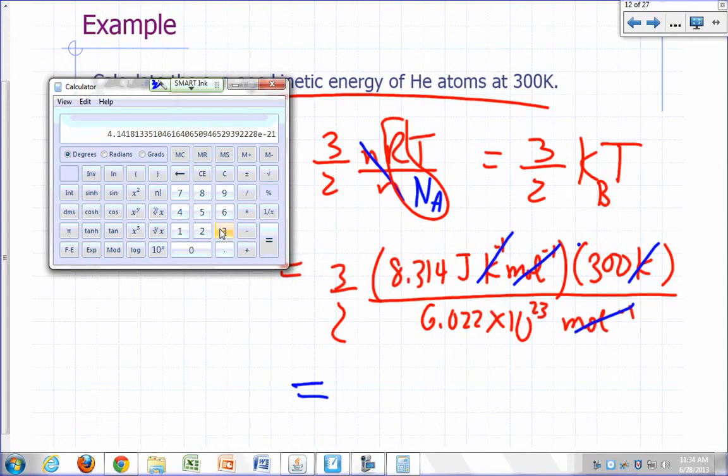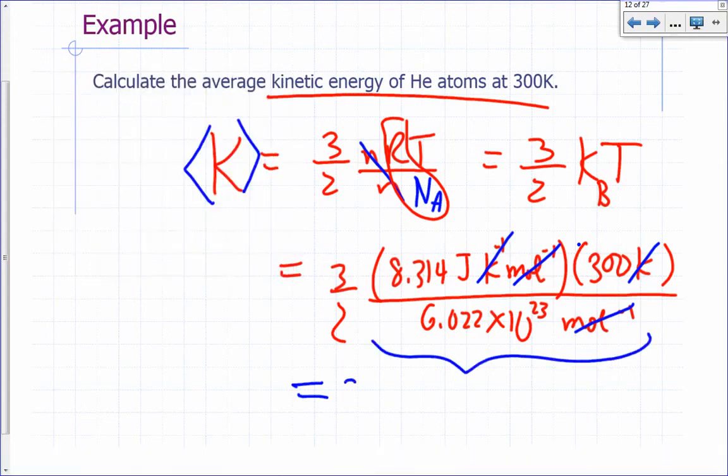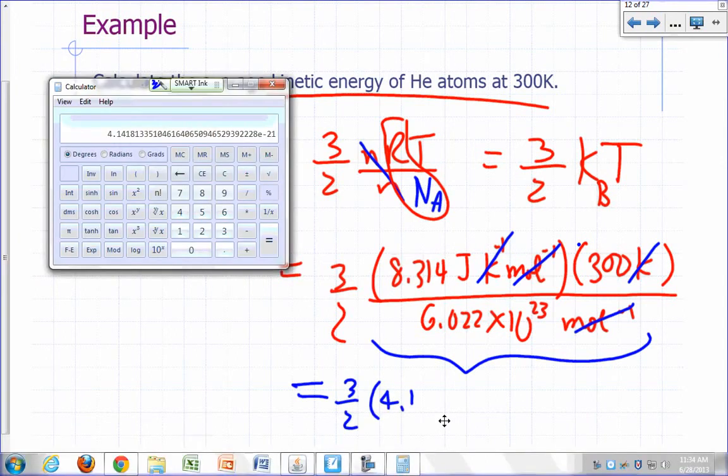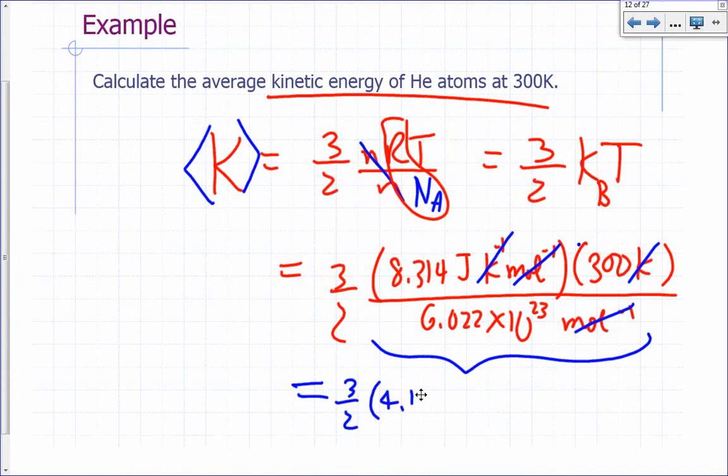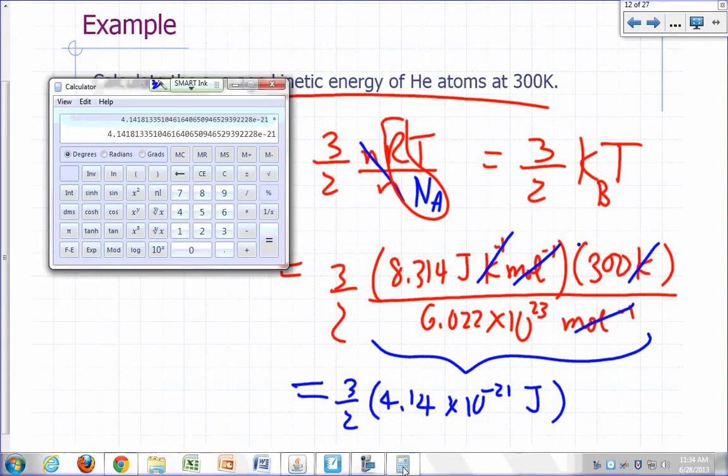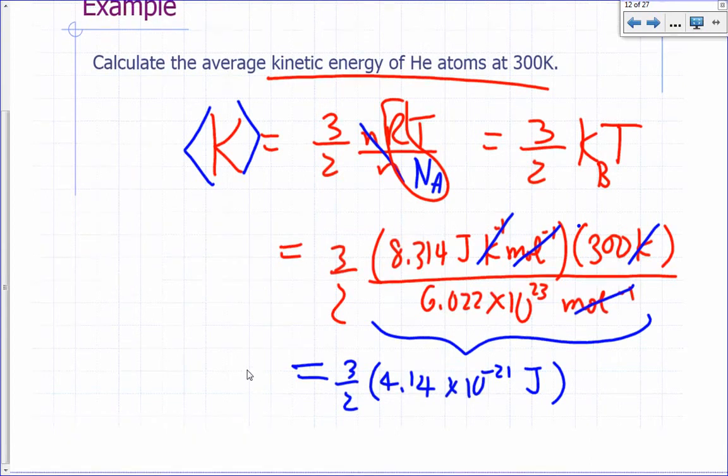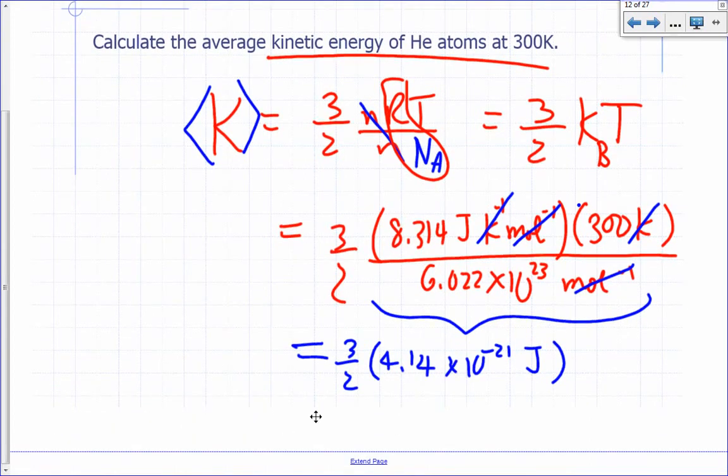That's this number right here. So 4.1 times 10 to the negative 21. So 3 halves times 4.1 times 10 to the negative 21. Multiply that by 1.5. That gives you 6.21 times 10 to the negative 21 joules.